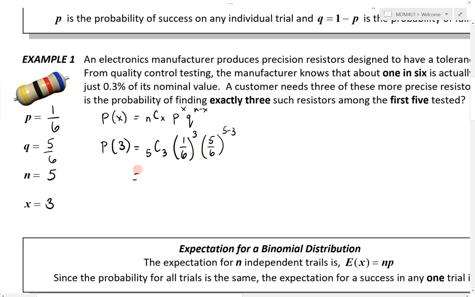If we multiply all of these values out, we get 0.0322, or approximately 3.2%.